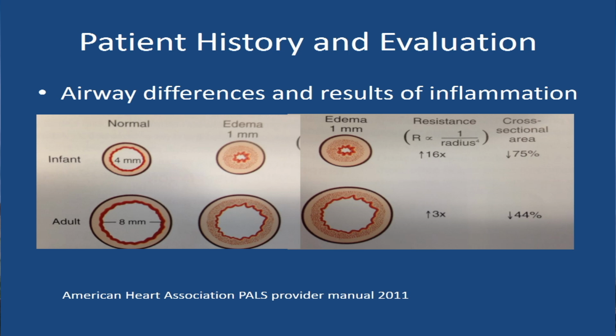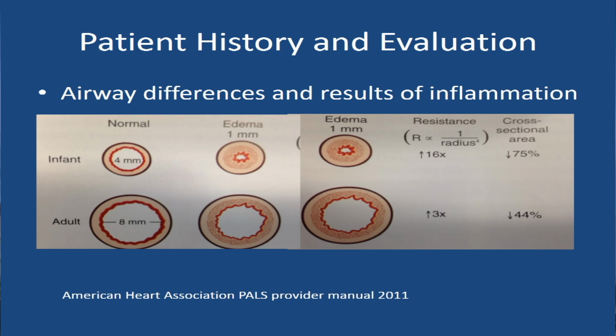Airway differences and results of inflammation are exhibited in this slide. On the upper left-hand side, the normal infant has a 4 millimeter lumen, where edema can occur, as you see in the right slide, and goes from 4 millimeters to 1 millimeter and severely compromises the amount of airflow that will be available.